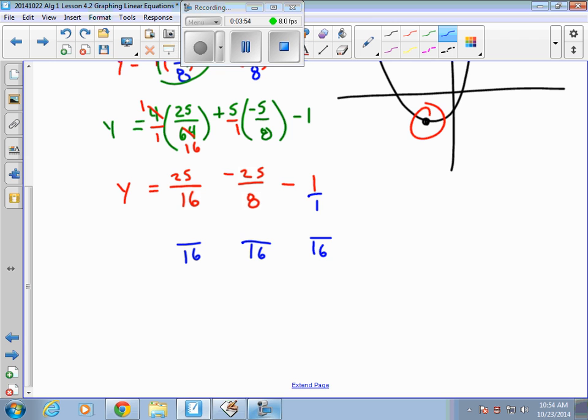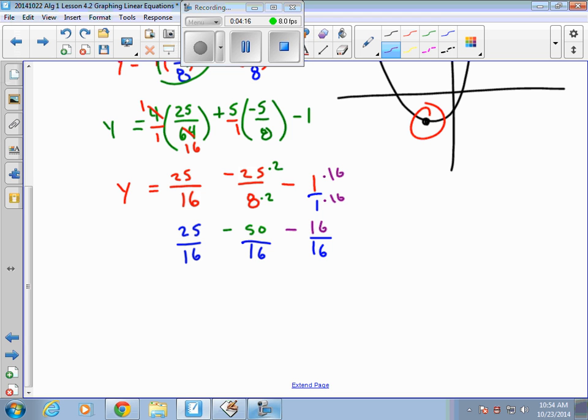This one's already 16, so the top stays 25. The next one, 8, in order to become 16, has to multiply by 2. So multiply negative 25 by 2, and you get negative 50. The last one has to multiply by 16, so multiply the top by 16, and you get minus 16.